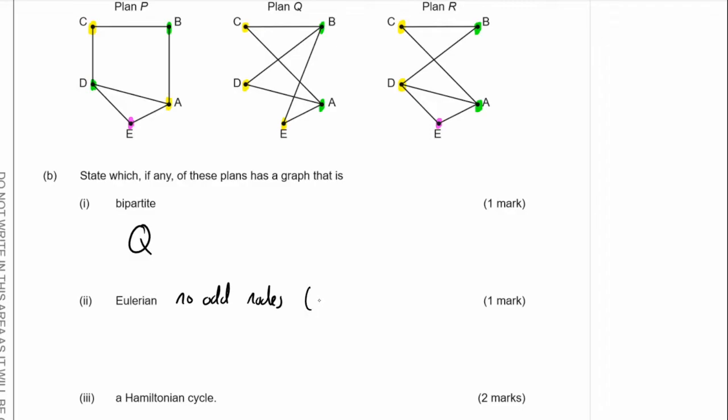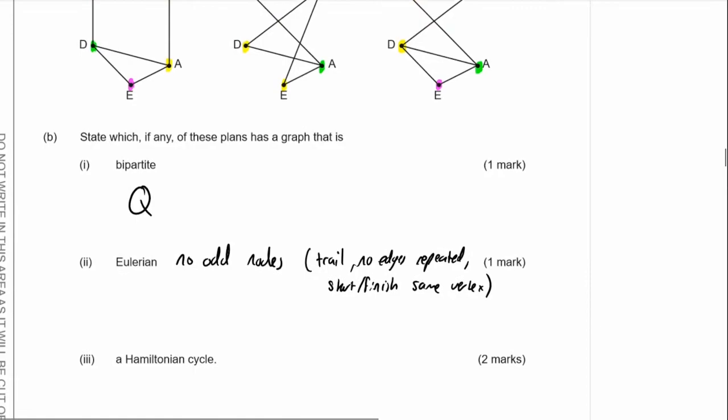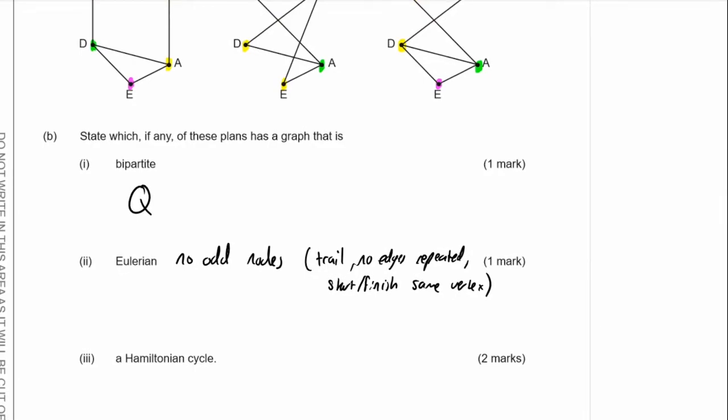It means that we can draw a trail with no edges repeated, and we start and finish at the same vertex. That's what Eulerian means. Semi-Eulerian means that we have a trail with no edges repeated, but we'll start and finish at a different vertex. So this time, Eulerian, we want no odd nodes.